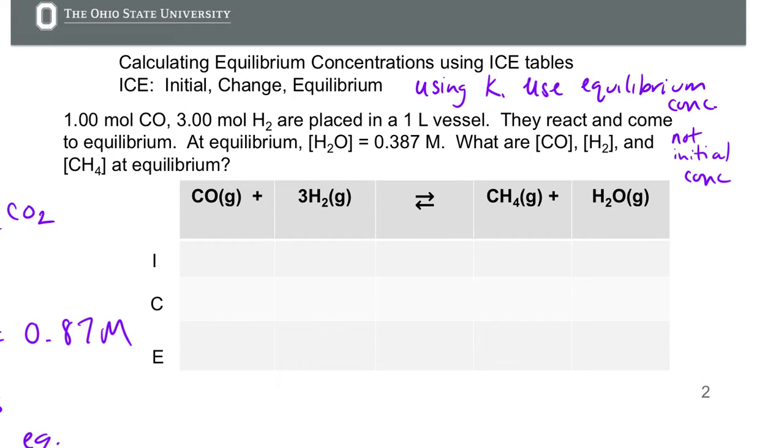So this problem is specifically looking for equilibrium concentrations. And we are given initial moles, but we are also given a volume. So we're given initial concentrations. We have 1 mole in a 1 liter vessel of carbon monoxide, 3 moles in a 1 liter vessel of hydrogen gas.